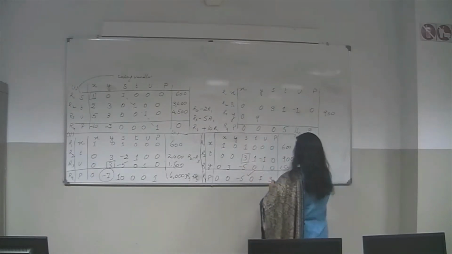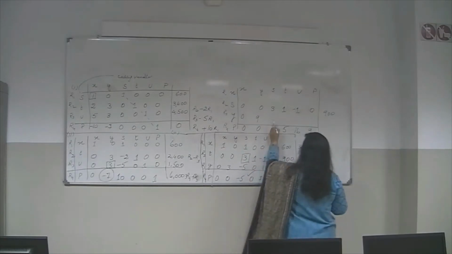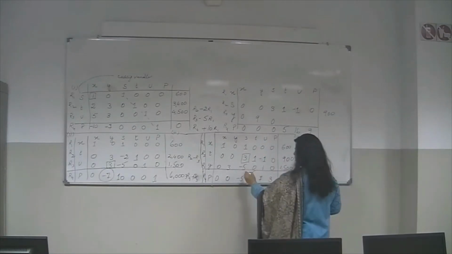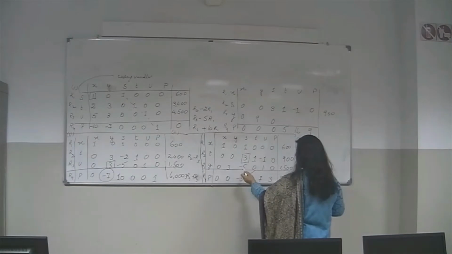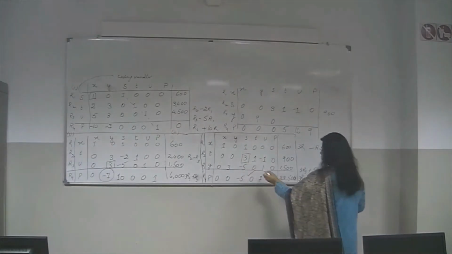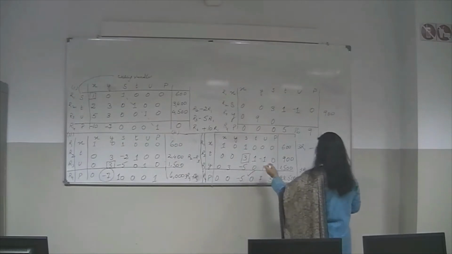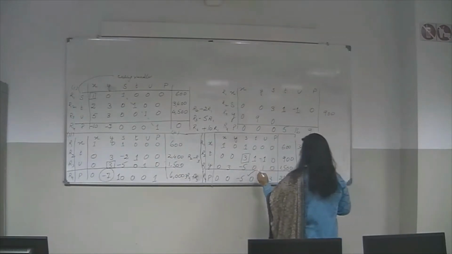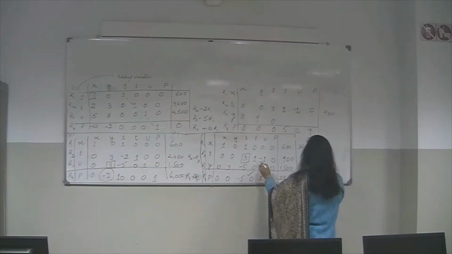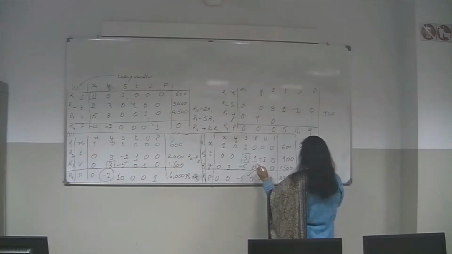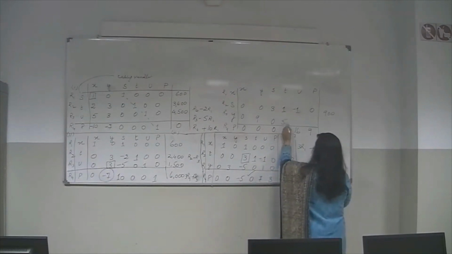And this is going to be 0 because this automatically becomes 0 because you multiply by the same operations. It's minus 15 and this is going to be 15, so they cancel out. And this is 0 into 3 is 0 plus 5, so this is 5, right?